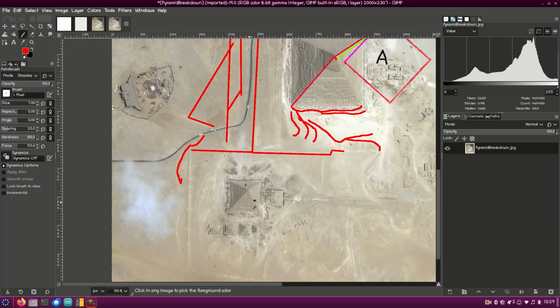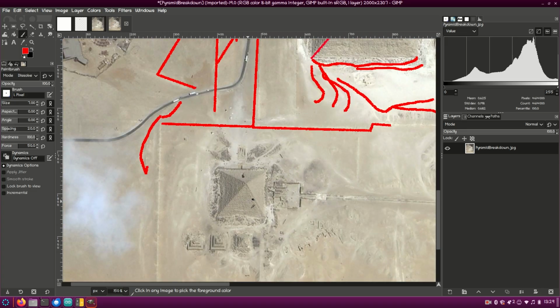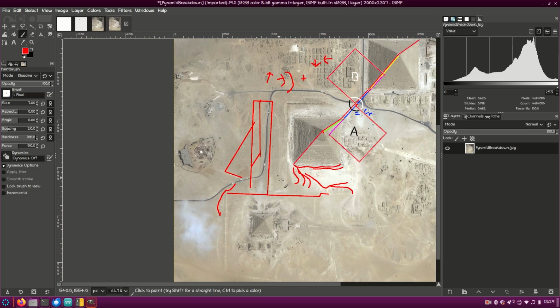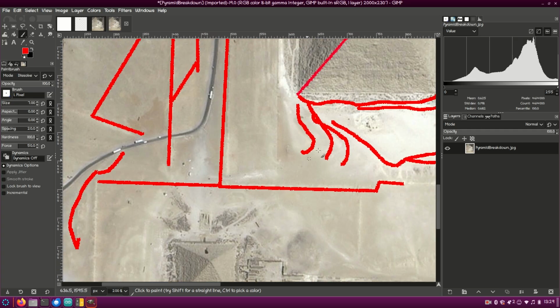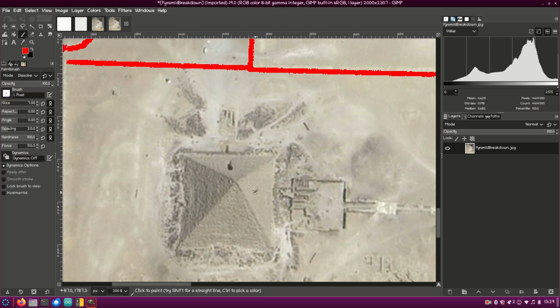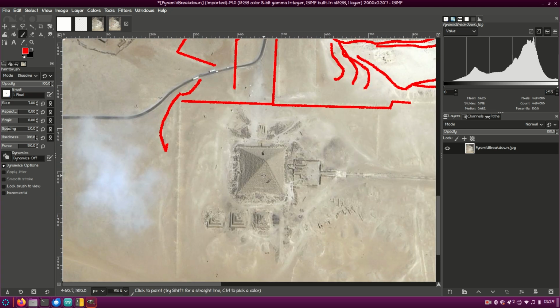This is a hyper representation of this main pyramid, these pyramids, right? If this is perfectly cubed, like the cube root of the area of this pyramid, then this one is perfectly squared, and this is perfectly one. Okay?